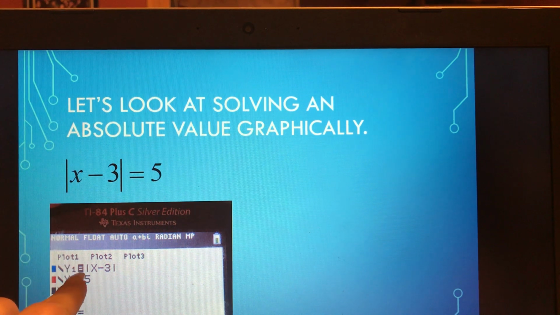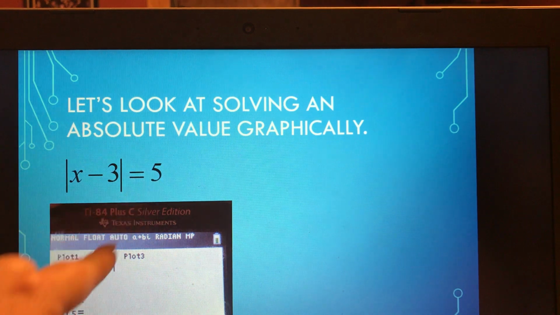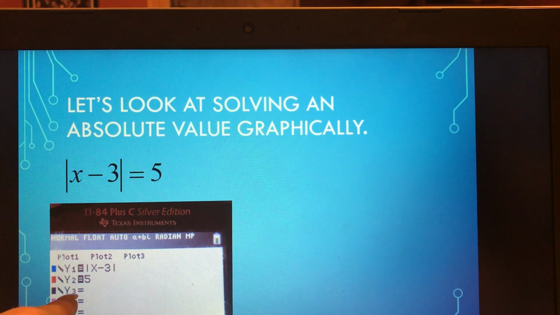So we have the absolute value of x minus 3 in y sub 1 and 5 in y sub 2. From prior work, you will notice that y sub 1 is blue, so it will graph the absolute value of x minus 3 in blue, and then it will graph y equals 5 in red. Okay, so let's go ahead and look at that graph.